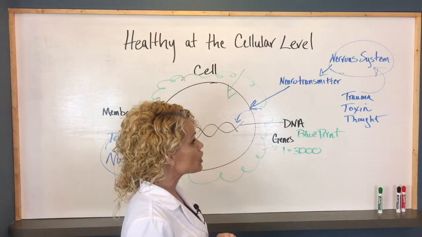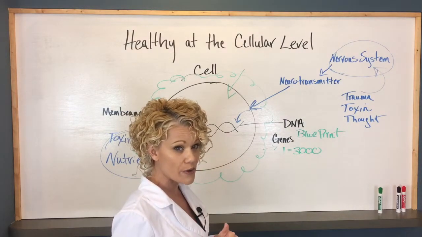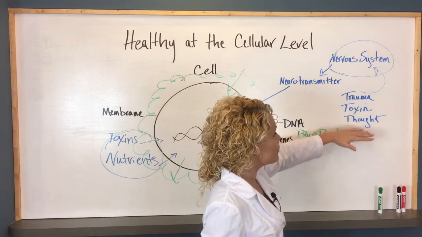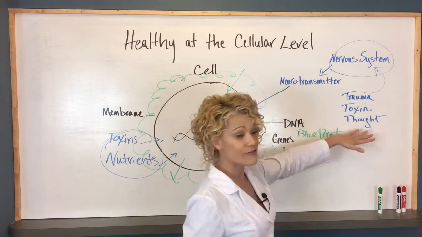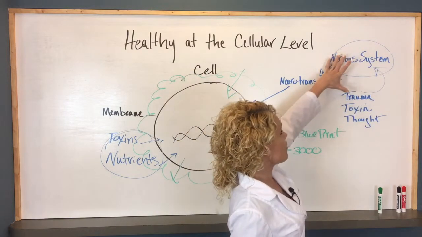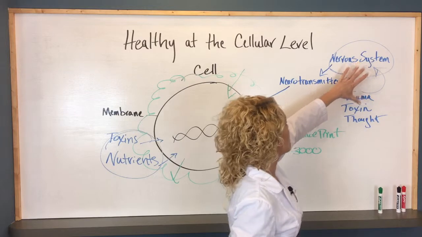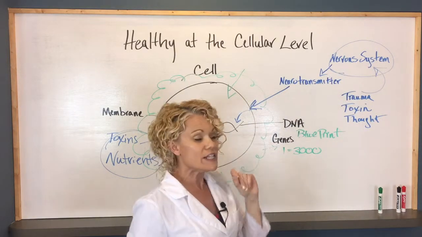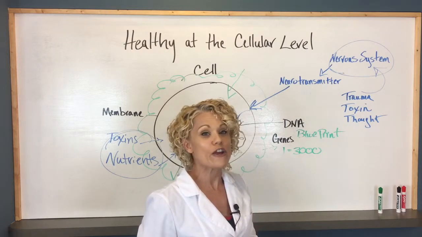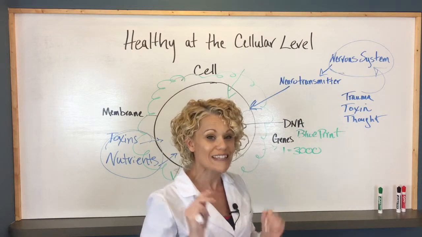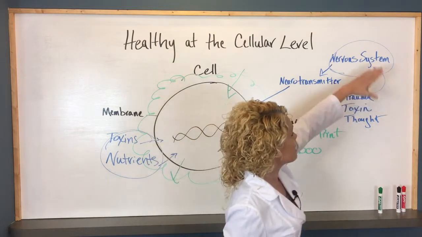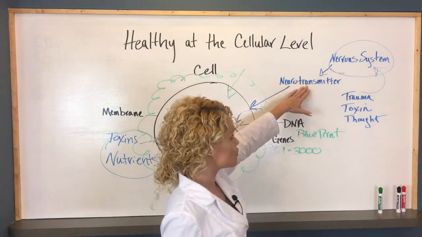Now, it can go to the positive as well, though. For instance, instead of having thoughts of stress, when you have thoughts of love and when you have thoughts of abundance, and those thoughts trigger the nervous system, trigger neurotransmitters, did you know that when people report that they are in love, they are over 200% less likely to get sick? Thoughts can impact the nervous system, impact which neurotransmitters.